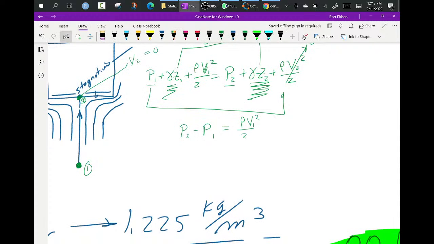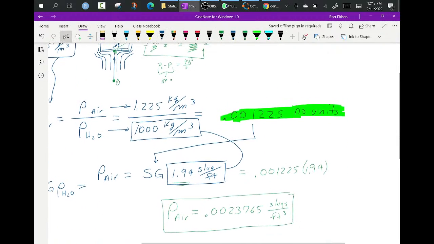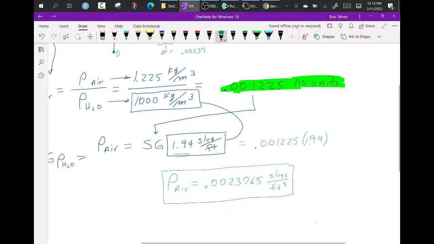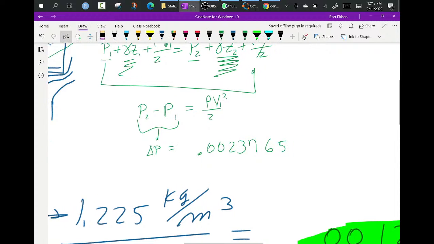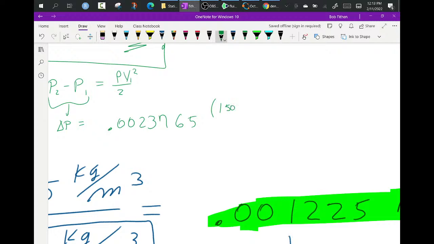So now let's go through this. The change in pressure, the delta P, which is what this is, would be, now, let me see if I can copy this down. 0.00237, copying the density, 65 times 150 feet per second squared over 2, and this is in slugs per cubic foot.